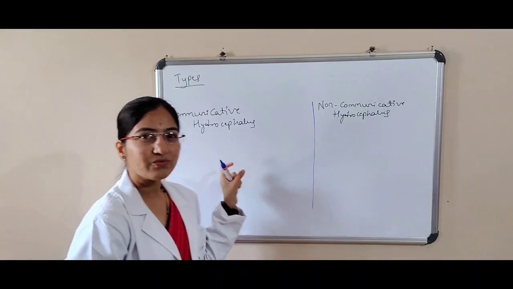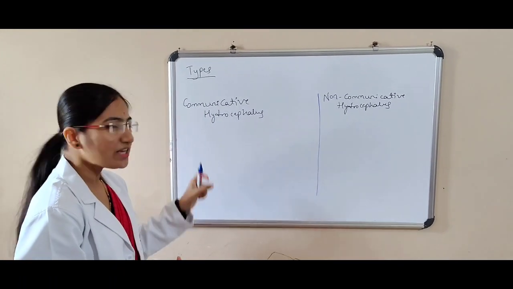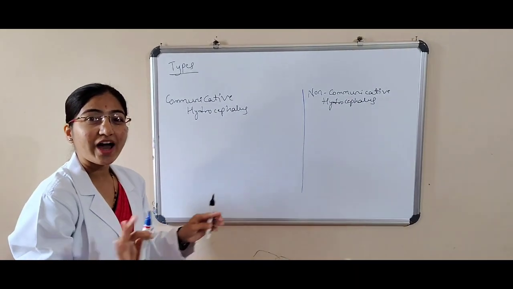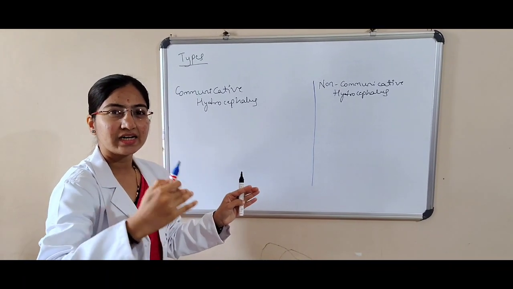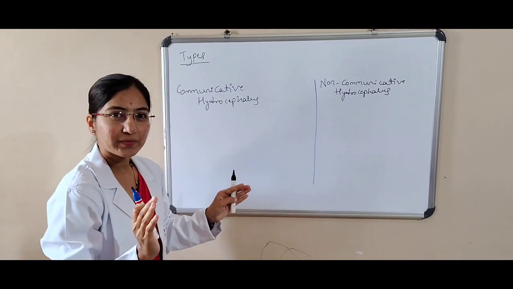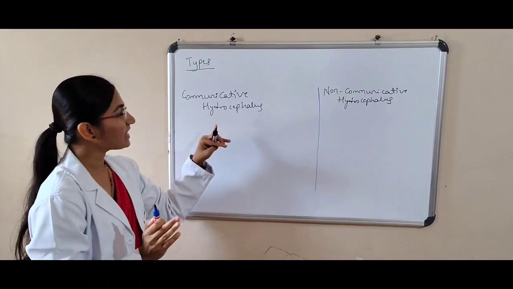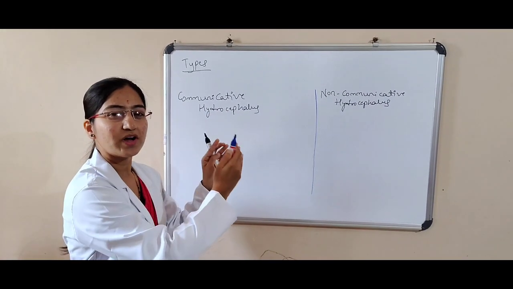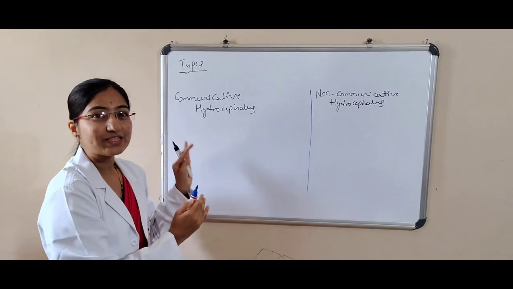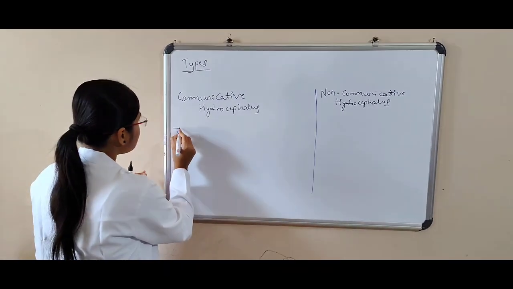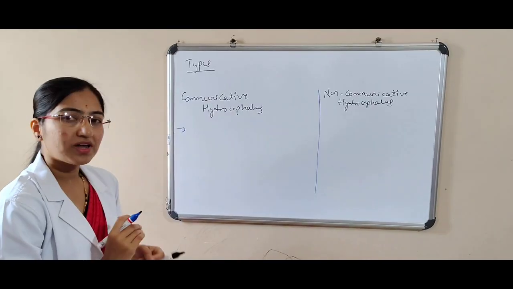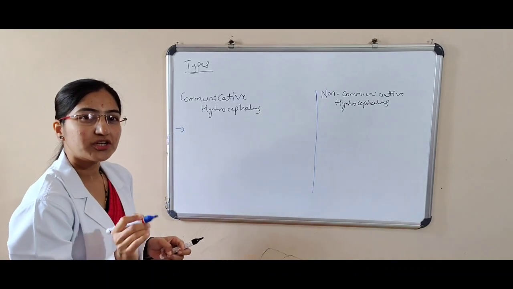The name itself suggests that communicative means non-obstructed. It can flow, it can drain easily. CSF can communicate from one ventricle to the other. Communicative hydrocephalus is a non-obstructive one.